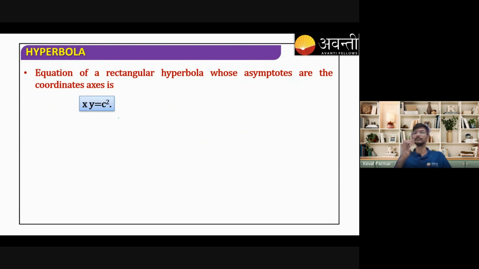Now, we took the constant c square just to be sure that it is positive, because squares are always positive. See, the rectangular hyperbola for this will look like this, correct?